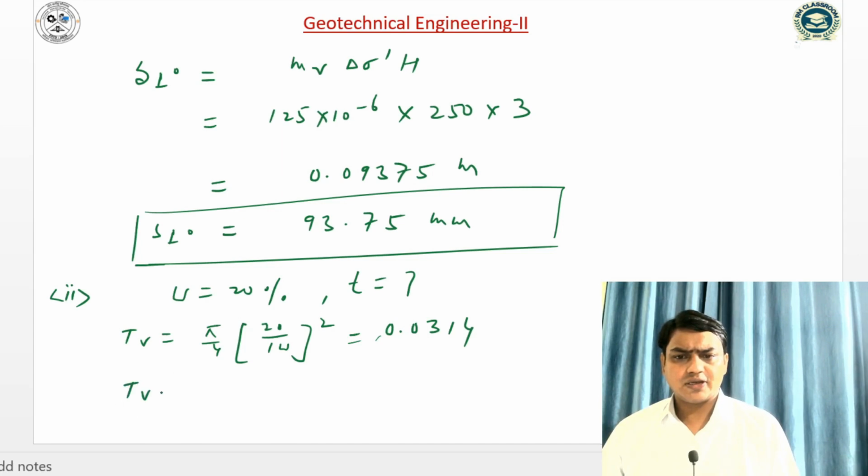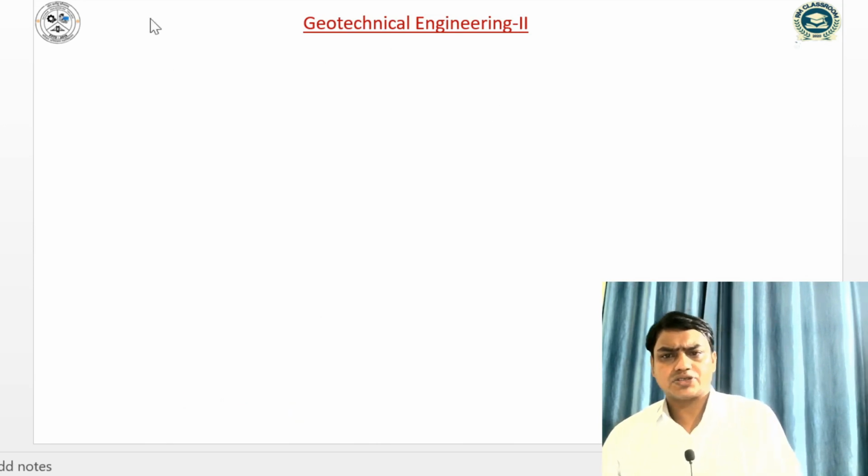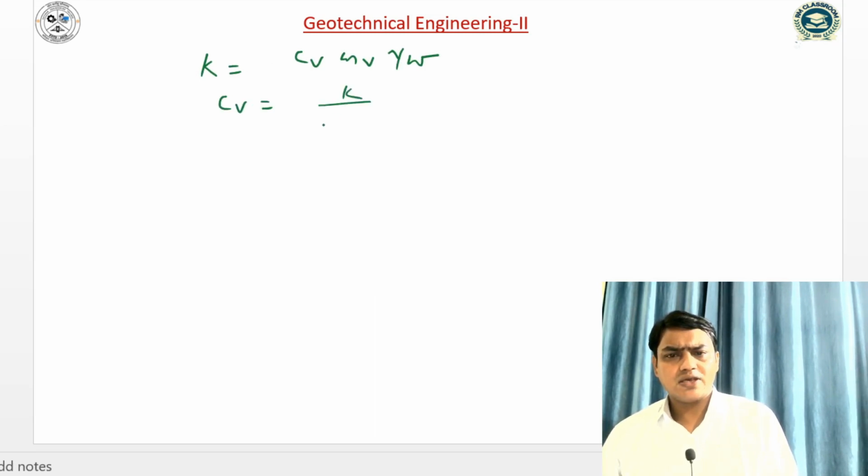And we have the relation Tv is equal to Cv into t divided by H square. And H here is equal to D because there is a single drainage. So we have to find the coefficient of consolidation. We have the relation k is equal to Cv into mv into gamma w. So Cv can be computed as k divided by mv into gamma w.